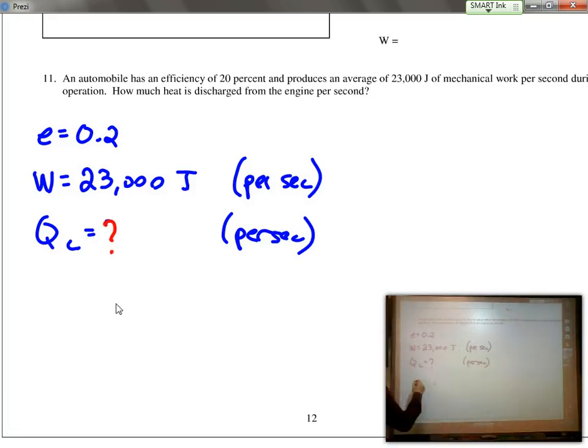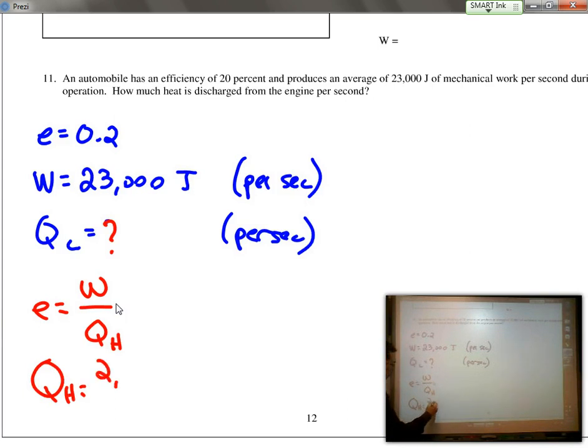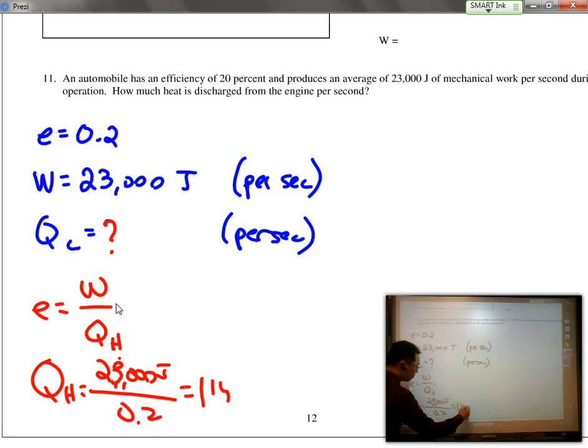Okay, so we know that efficiency is equal to work over QH. So QH is really equal to the 23,000 joules divided by 0.2, which is equal to 115,000 joules.